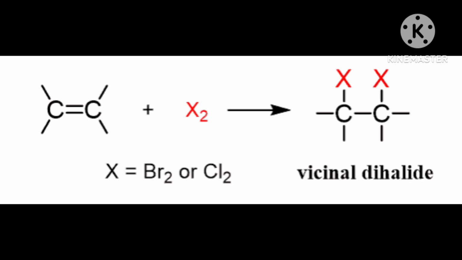Then the carbon is negative, and Cl plus will come here in place of H plus. That's why it is electrophilic substitution. H went as H plus, and in its place Cl plus has come.